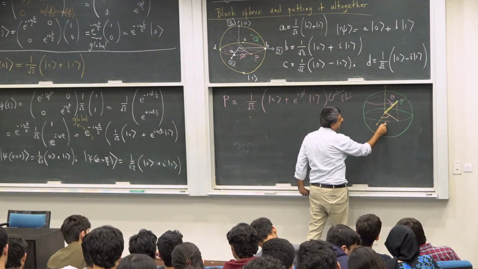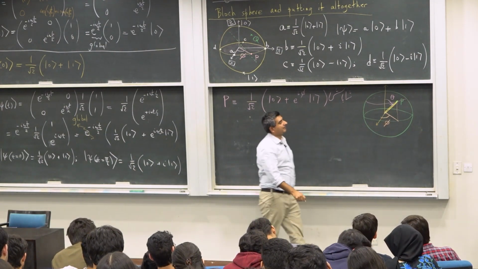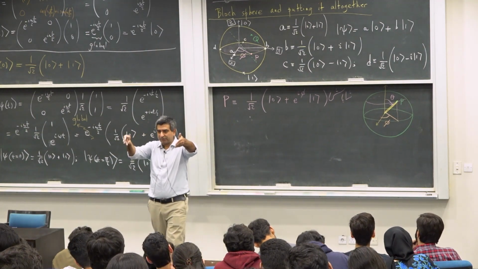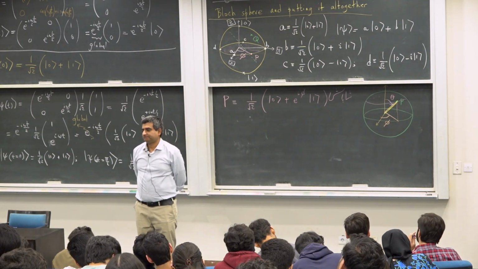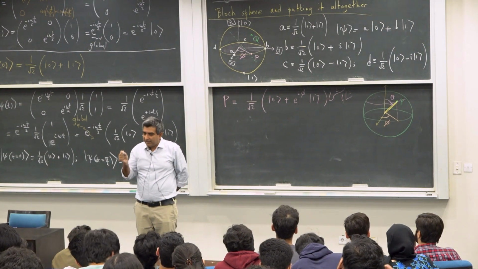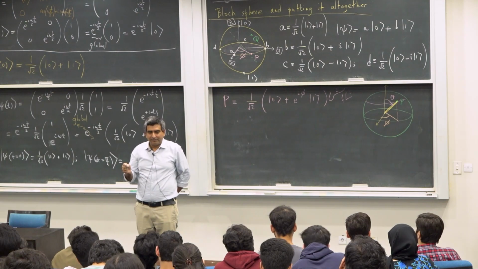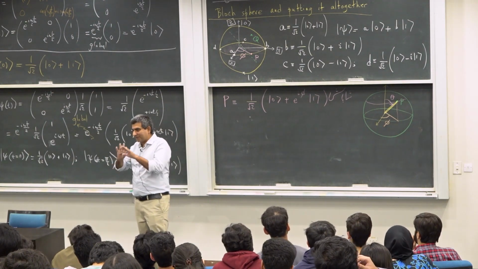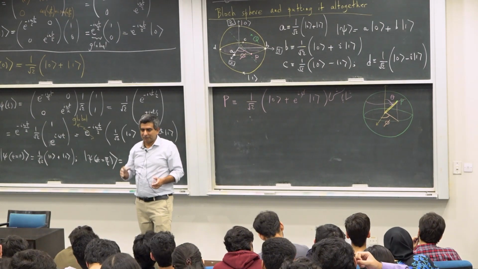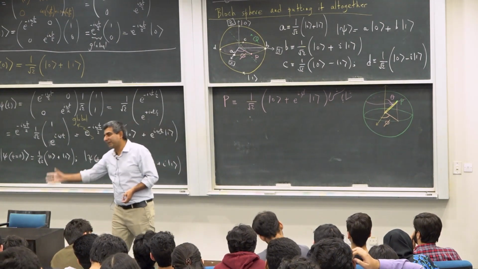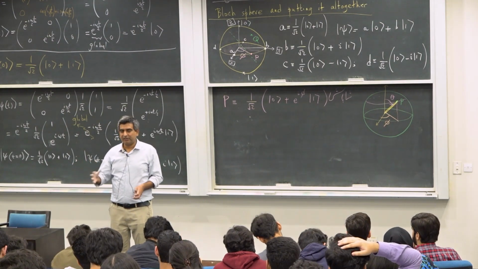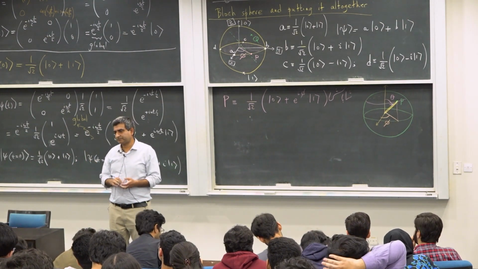This angle is phi. Now any point on this Bloch sphere can be characterized by theta and phi. That's all I need if I'm just living on the surface of the sphere. The radius is 1. So theta and phi will tell me everything there is to be told about this quantum state.